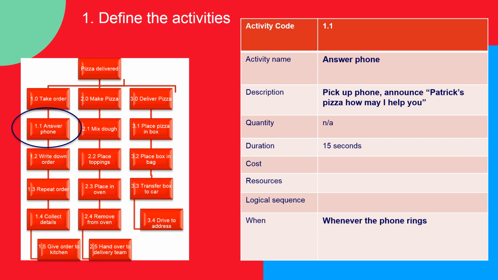As part of the activity definition, you might also list attributes of activities, which means information like who is going to do each activity and where the activity is to be carried out. Finally, the definition of the activities can include a list of milestones. Remember those? Those occur at key points in the project, usually at the end of a phase or a major activity, and they don't have a duration.